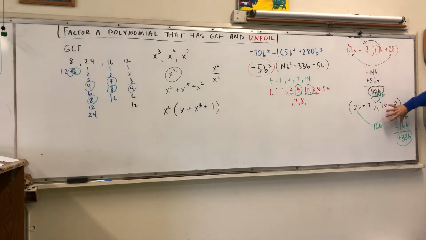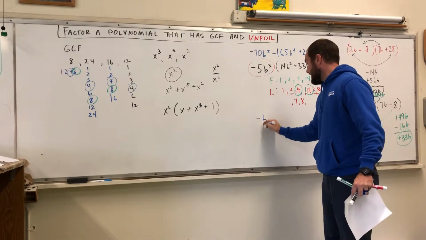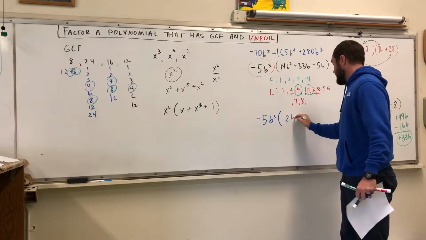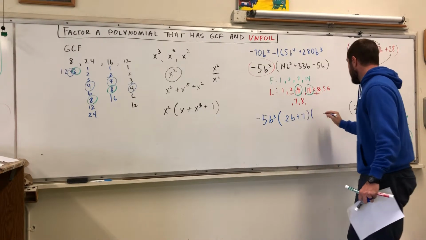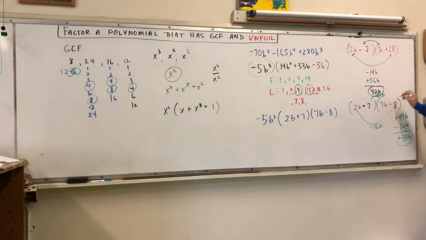Now I was actually able to unfoil this here. Another thing I could do is to say, okay, we have the negative 5b to the third. We've unfoiled this: 2b plus 7, 7b minus 8. Now this unfoil could be work intensive. It could take time.